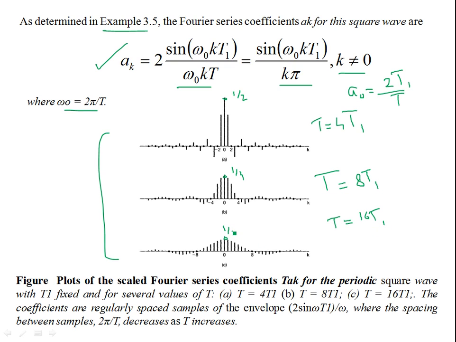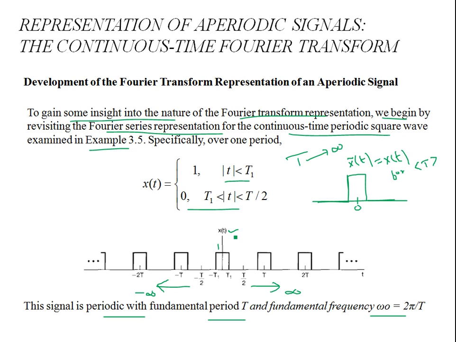Then you have the rest of the coefficients. You can see that x(t) is a real and even signal. Since x(t) is periodic, even and real, it implies that your Fourier coefficients are going to be even and symmetric, so a minus k equals a k.